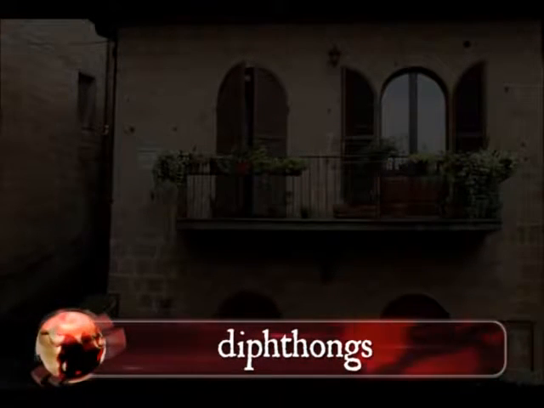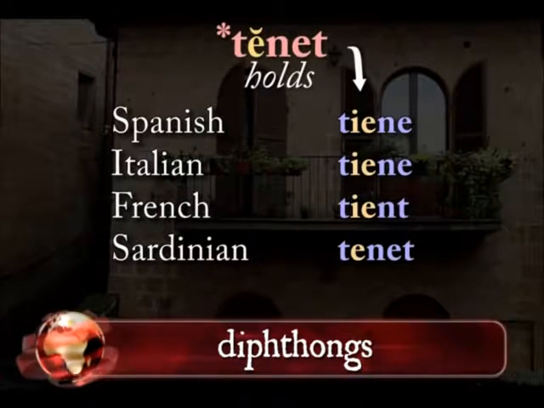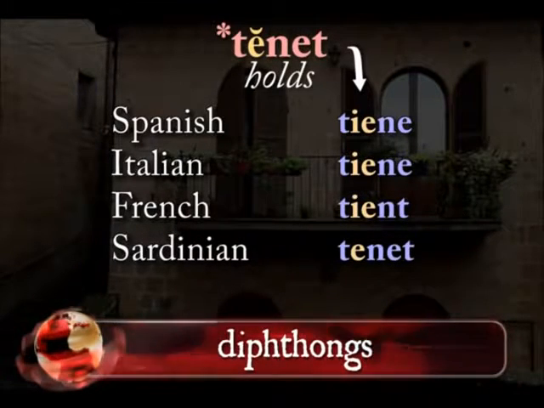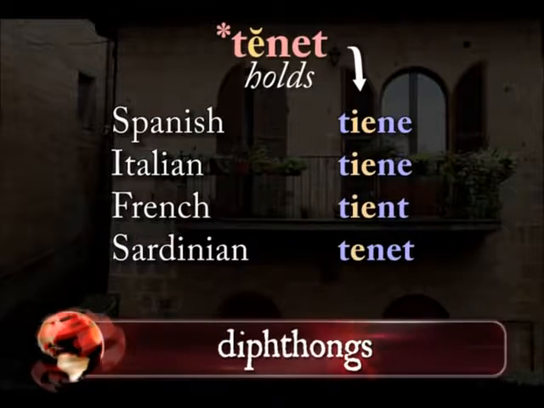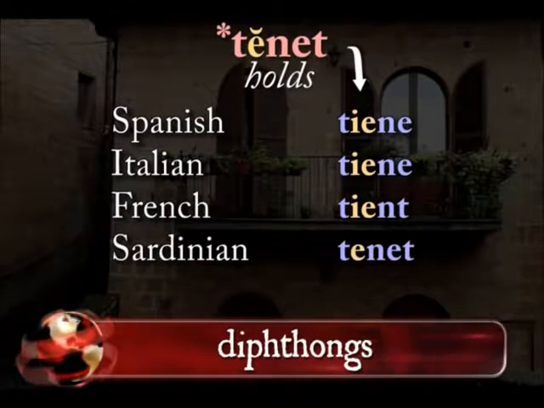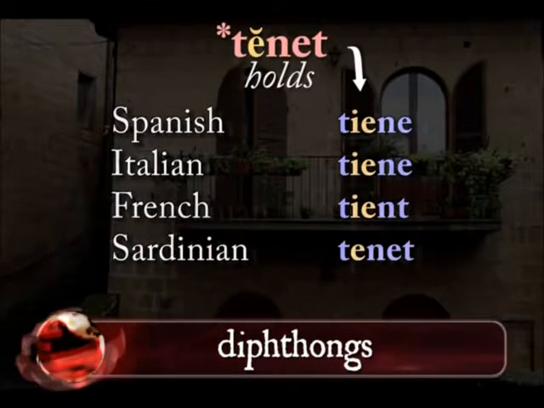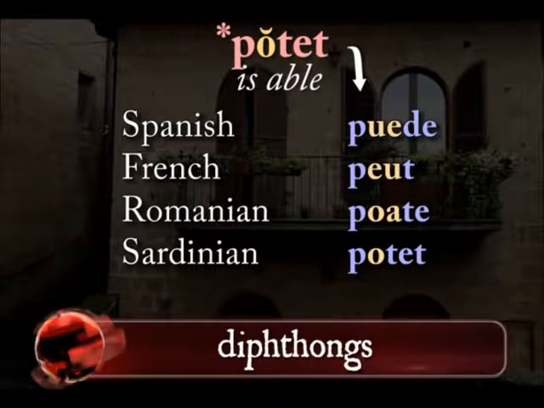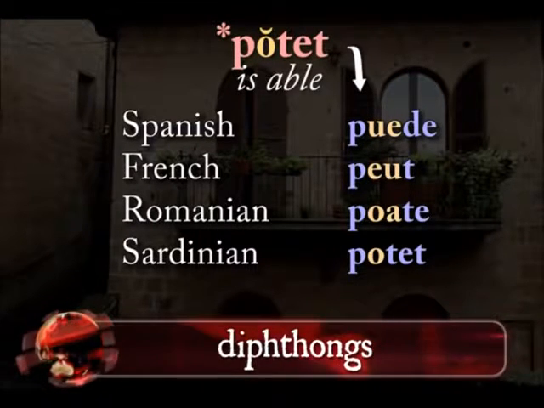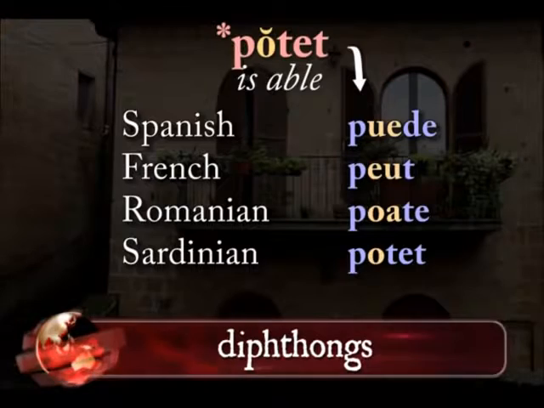Diphthongs also occur for short e and short o. Tenet, Spanish tiene, Italian tiene, French tient. Or potet, Spanish puede, French peut, Romanian poate.